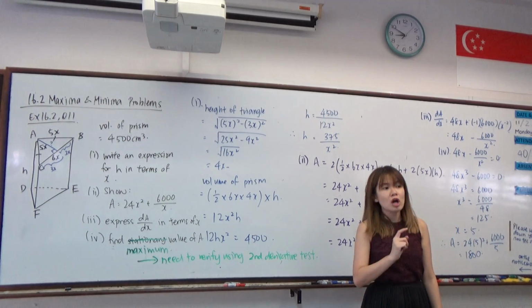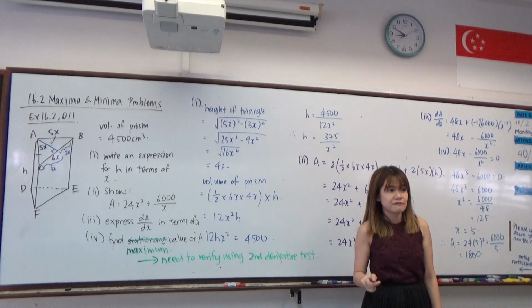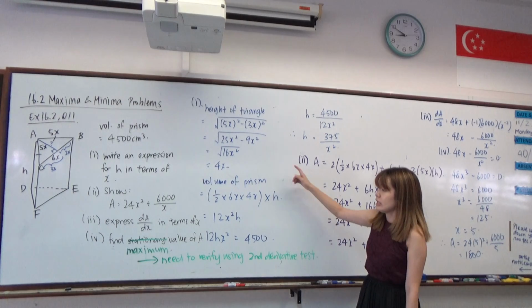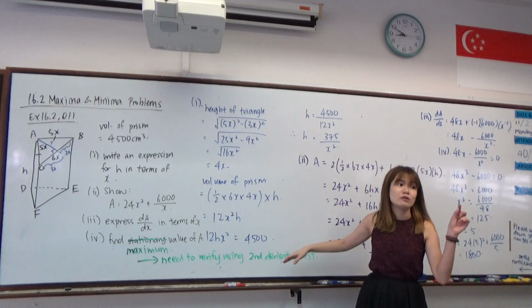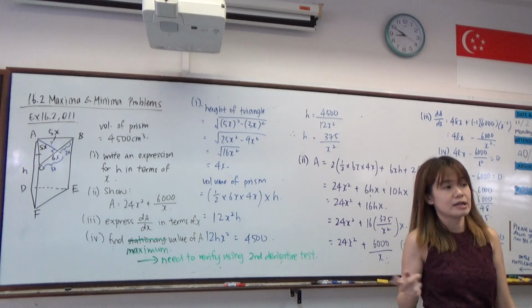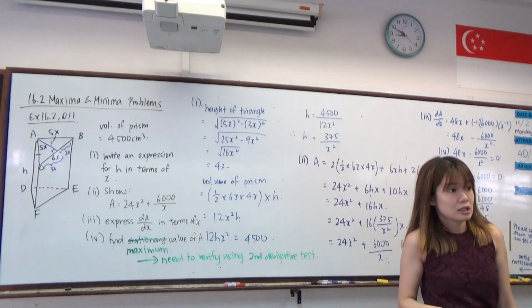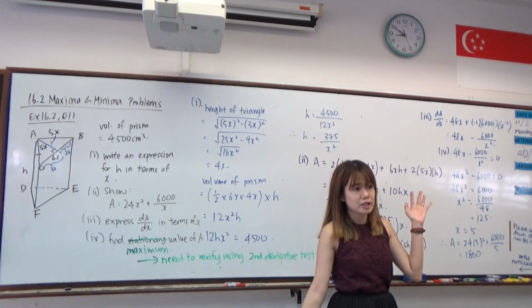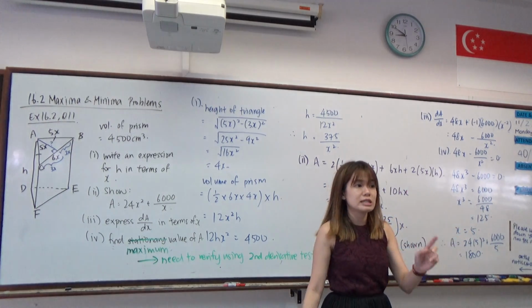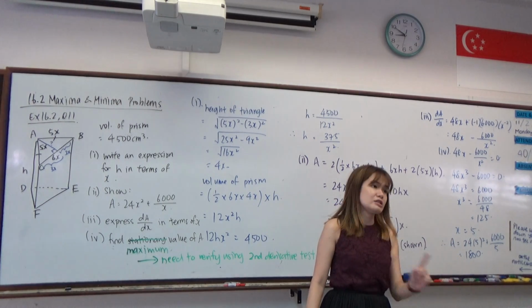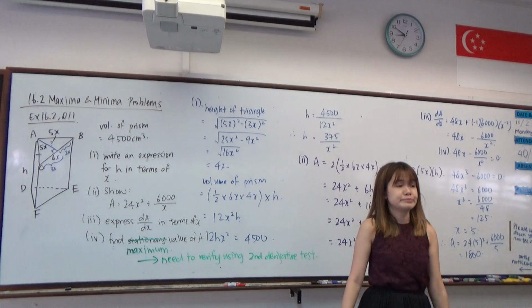It is not always the case that the second derivative test will give you the maximum or minimum, because if the second derivative gives you the value equals to 0, you cannot jump to the conclusion that it will be the point of inflection. Second derivative equals to 0 can still give you all 3 options and you need to verify it using the first derivative. So second derivative is a convenient way, but it's not a foolproof way.